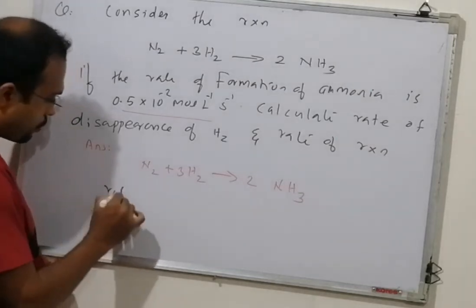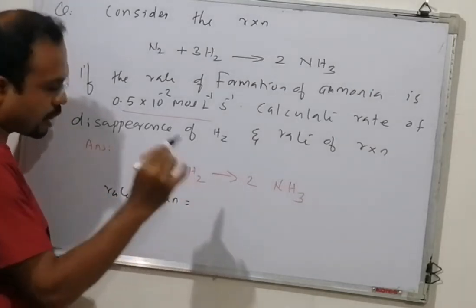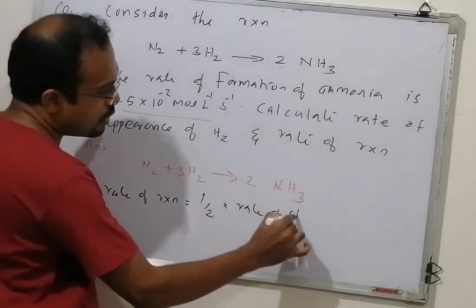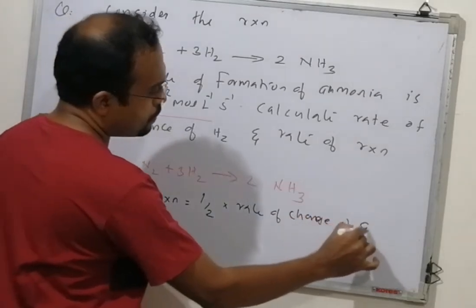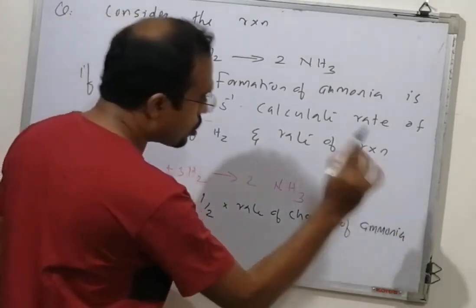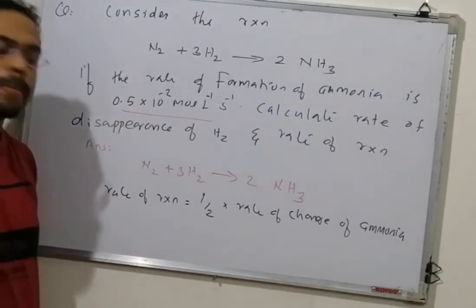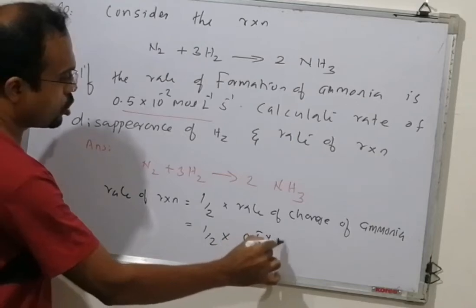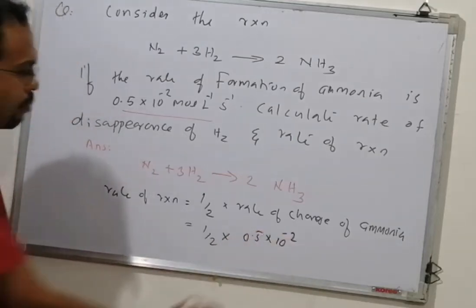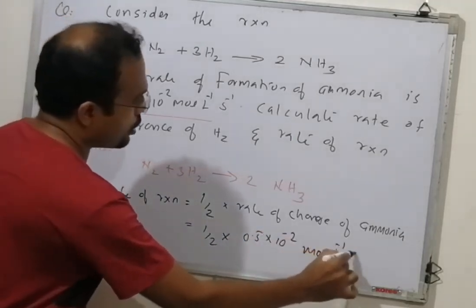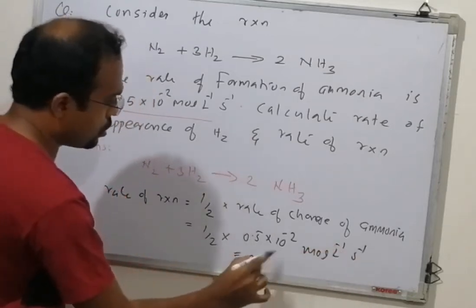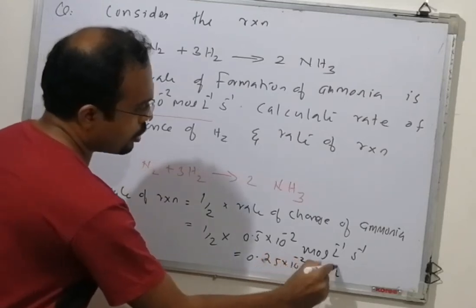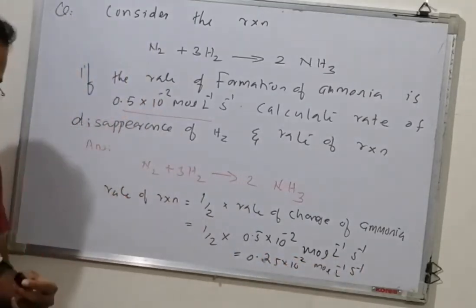Therefore, rate of reaction is equal to 1 by 2 of the rate of change of ammonia. That is 1 by 2 into 0.5 into 10 raised to minus 2 mole liter raised to minus 1 second raised to minus 1, that is 0.25 into 10 raised to minus 2 mole liter raised to minus 1 second raised to minus 1. Very simple.